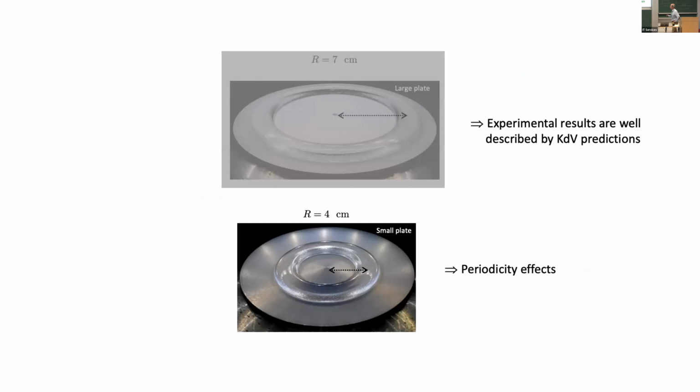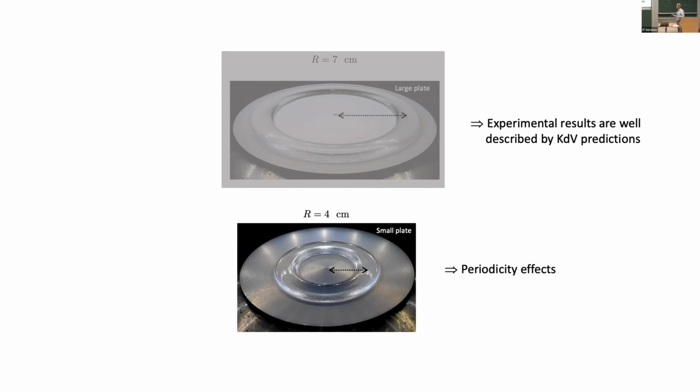All the experiments that I showed you previously are well described by the KdV prediction with the large plate. Now if you take a smaller plate, this one, for instance 4 centimeters in diameter, I will try to show you that the periodicity effect will be very important.